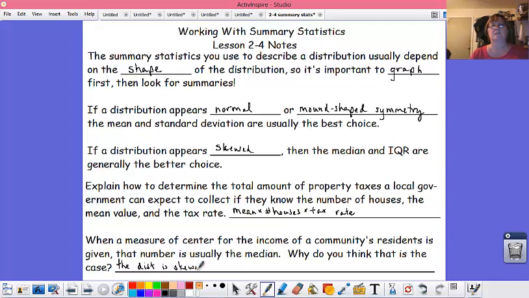If you're talking about Miller Road down in Flint, skewed to the high end, right? Because everybody's got lots of money down there and they got beautiful homes. If you're talking about the, I don't want to stereotype, but this is where I come from, the east side of Flint, then you're probably skewing the other way, right? Lots more people with less money. So the median income for a community is usually the better measure of center because the distribution is skewed either toward the high or toward the low end.